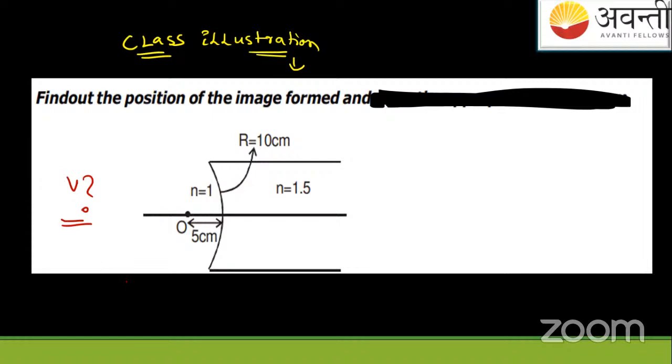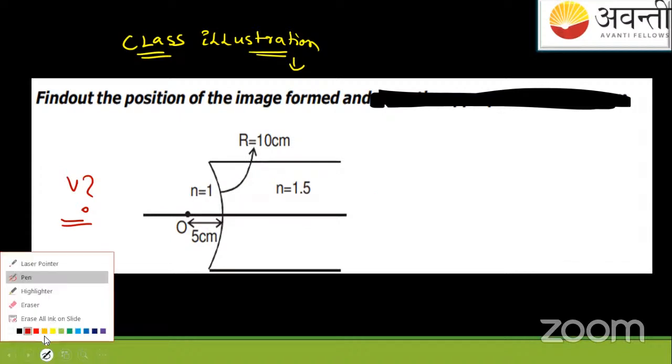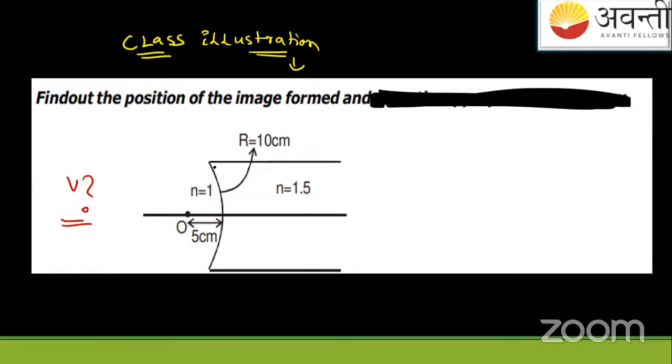Okay, since nobody has texted, I'm assuming that you don't know how to solve it. So I'm giving you the answer here. See, first of all, let us focus on this refracting surface. Where will be the radius of curvature's direction? You can see this refracting surface, it's curved in which sense?